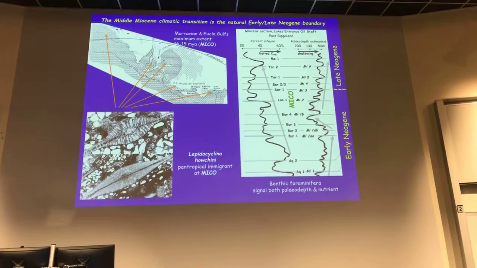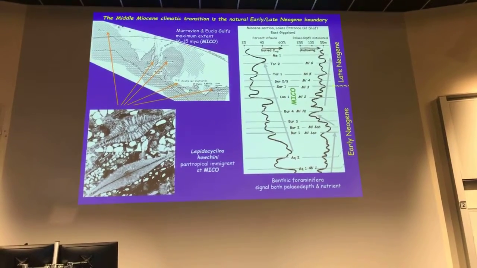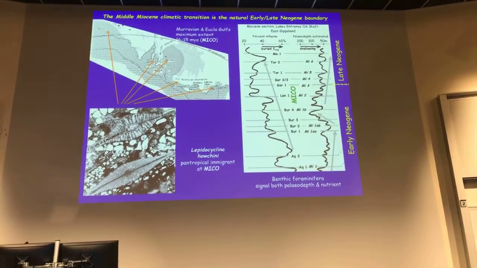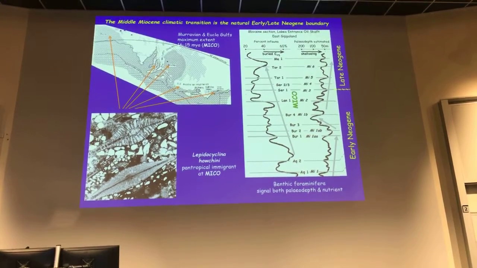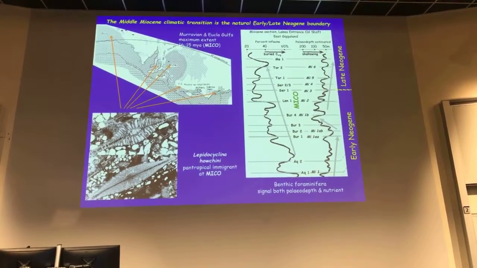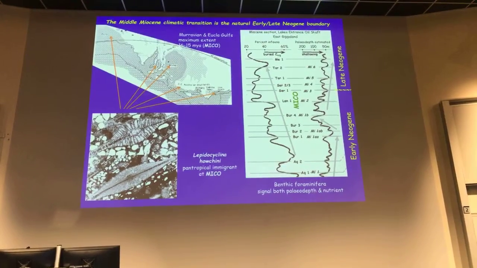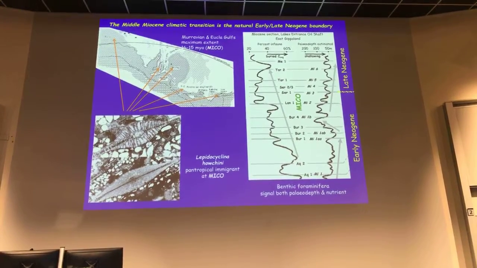The last thing I want to say is concerning the Neogene. The problem with our Neogene is a lot of it's missing. We have a very poor record between the middle Miocene and the Pliocene, and that pretty poor record applies through most of the geological environments we have.